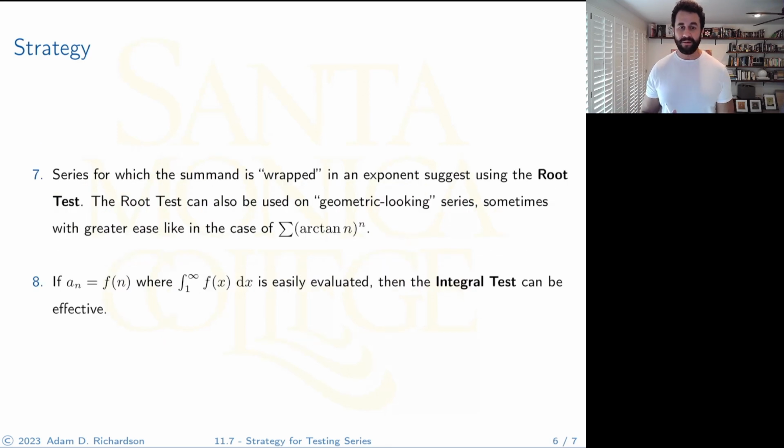Also, naturally, a series for which the summand is wrapped in an exponent suggests you should use the root test, like we talked about earlier. The root test can also be used on, quote, geometric looking series. If you've got a series that kind of looks like a geometric series, sometimes the root test can be easier than trying to make things become a geometric series.